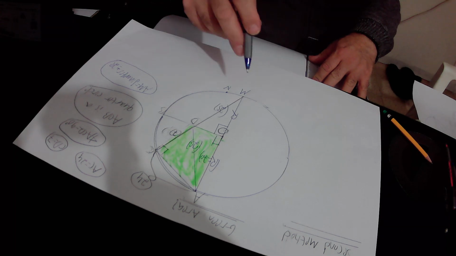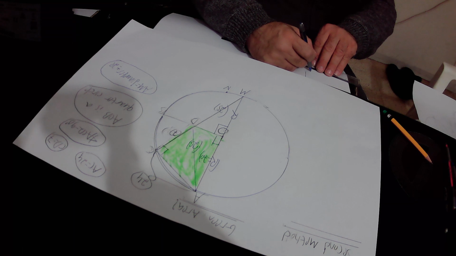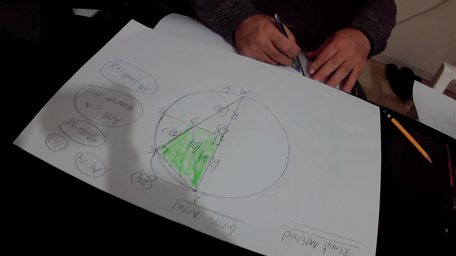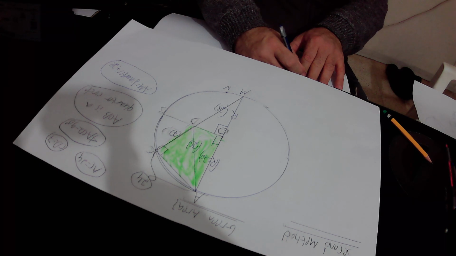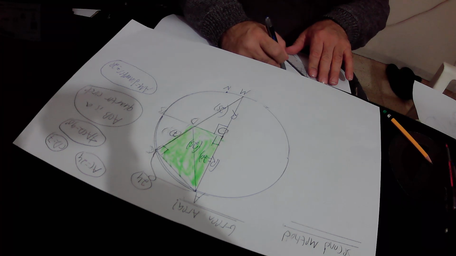AO is the radius of the circle, that is 20. Hypotenuse AD equals 25 units in length.